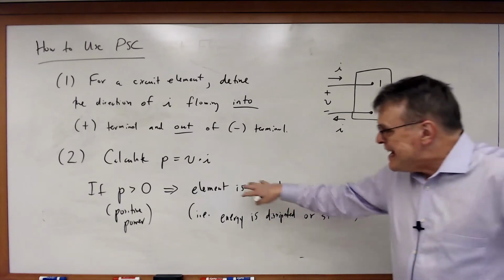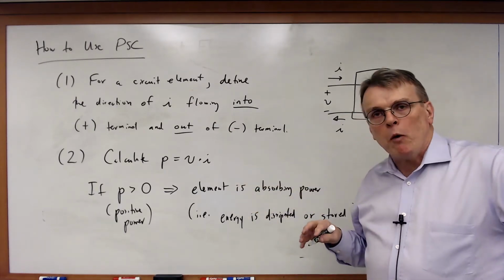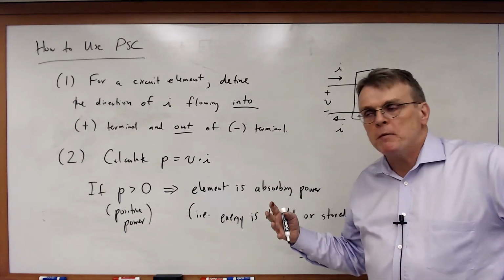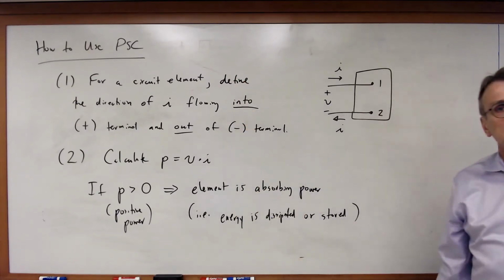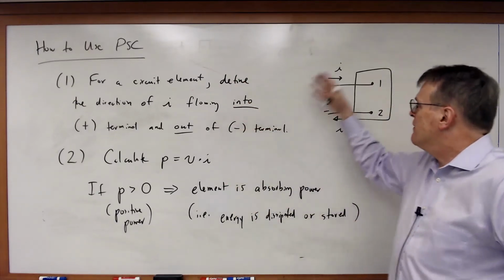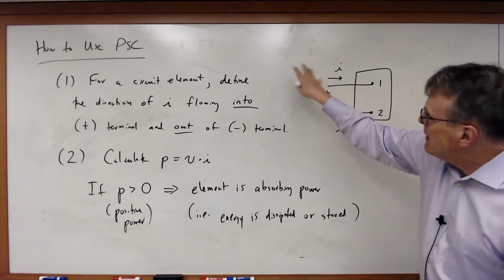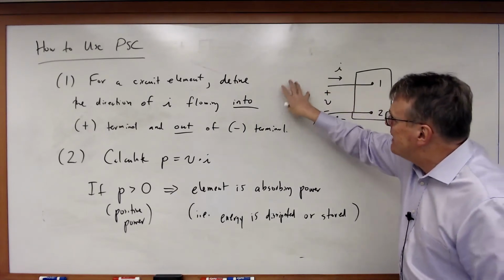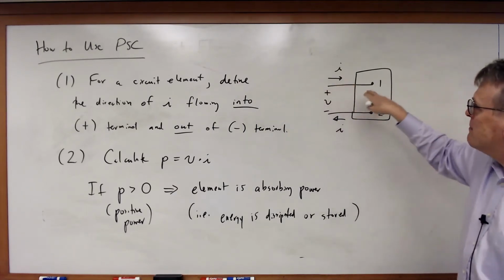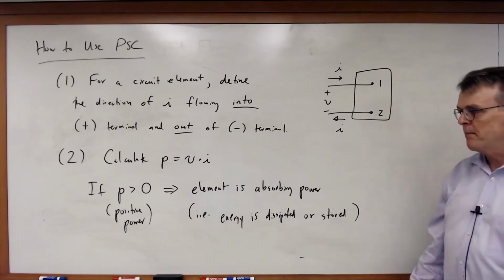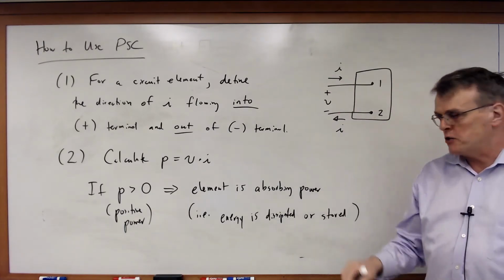And this energy it's absorbing, this power that's being absorbed is coming from some other elements in the circuit. So it just isn't happening out of the thin air. There's something else connected that is supplying the energy, that is creating the power that this element is absorbing. So that's our first definition.